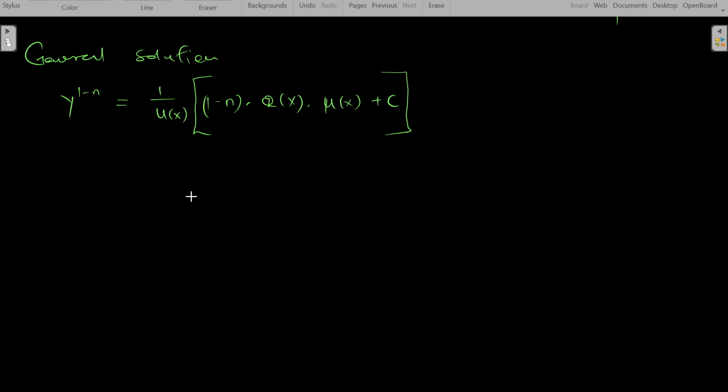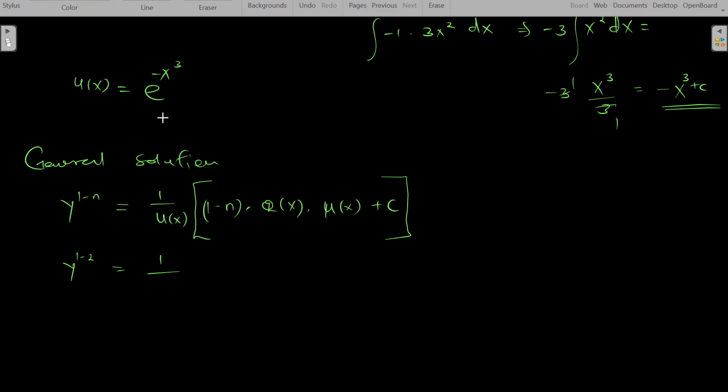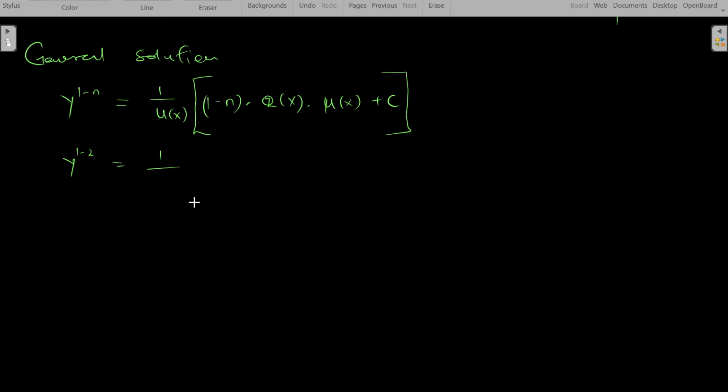So let's perform this. This is y raised to 1 minus 2 equals 1 upon mu of x, and our mu of x is e raised to negative x cubed.